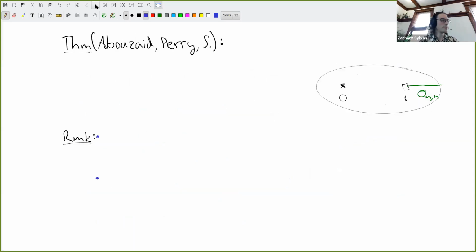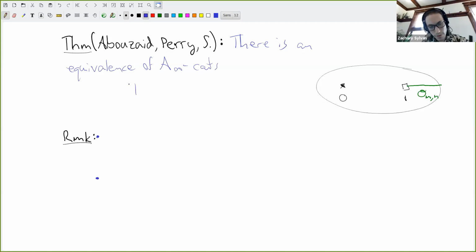So our theorem is that there's an equivalence of A infinity categories.